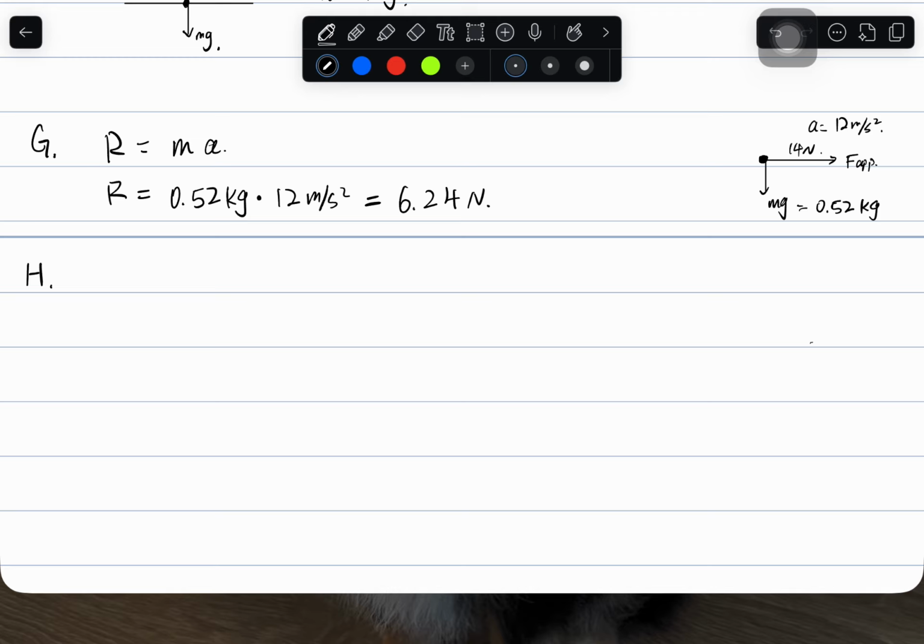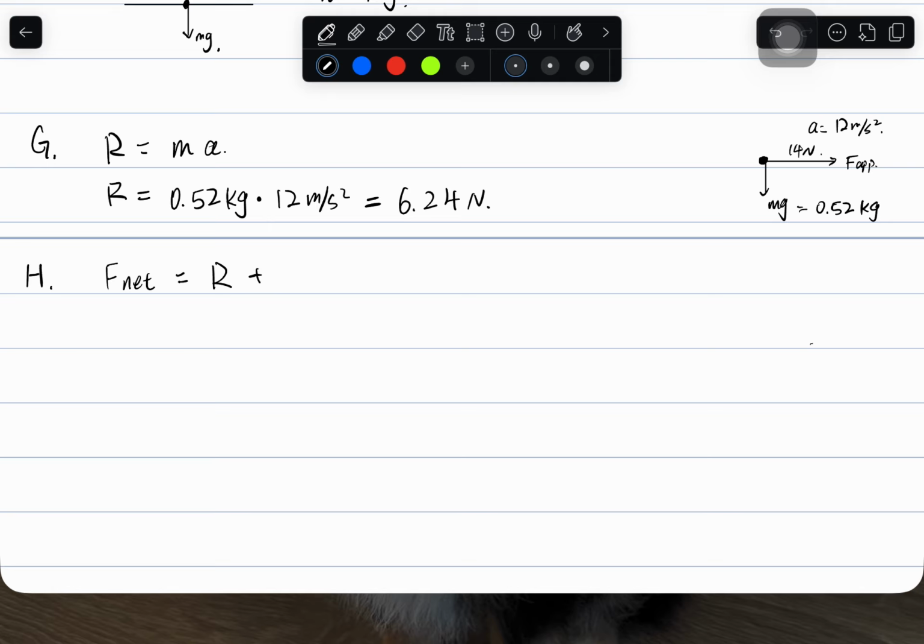So the net force equals the applied force, the external force, plus the friction. So here's the friction, and F applied.